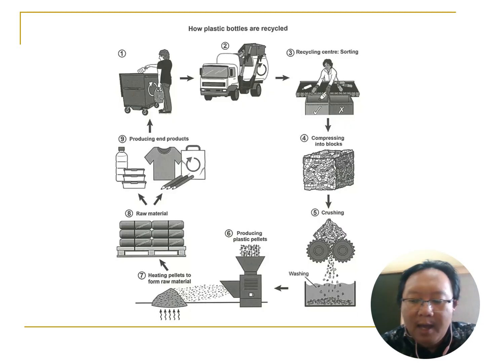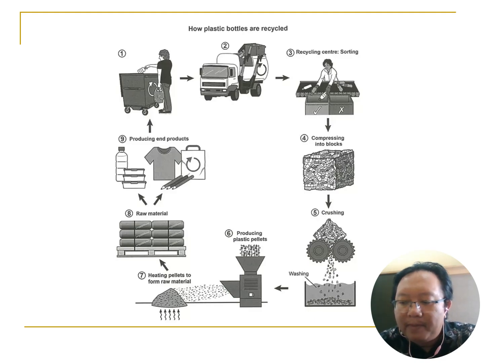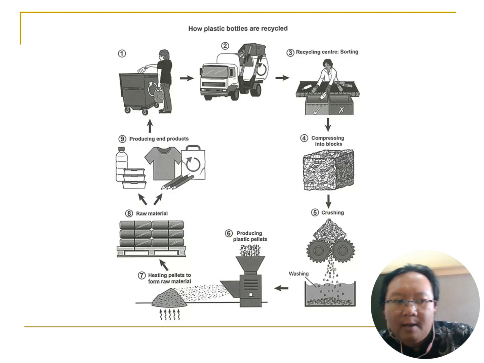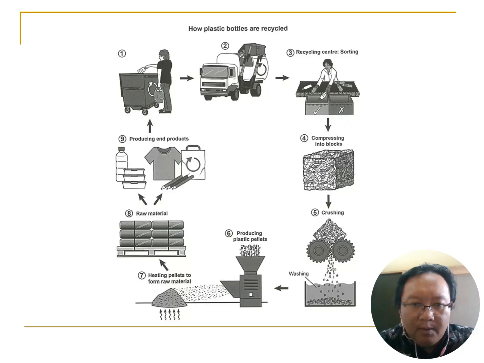You don't need to be strict to the pictures; you can describe the picture based on your own opinion or your own style. You can see here there is a man throwing garbage into the trash bin, and then it will be sorted out.